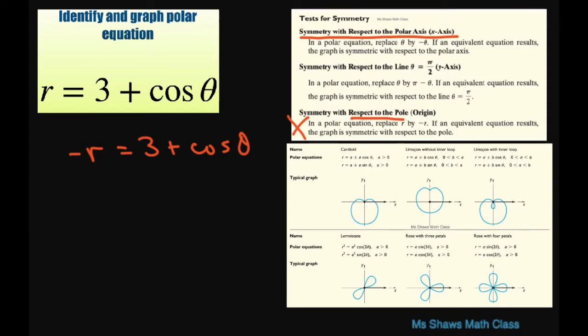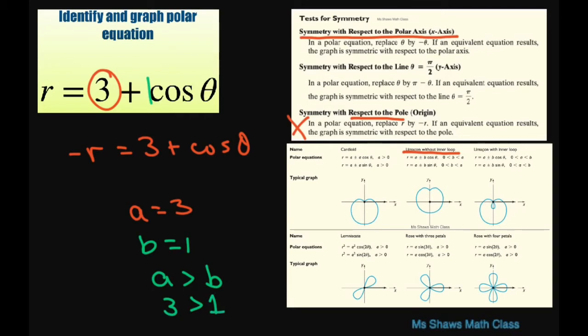Now, this would be a Limacon without an inner loop. The fact that my a equals 3 and my b equals 1, because I put a 1 here, and my a is greater than my b, 3 is greater than 1, that means it's a Limacon without an inner loop.